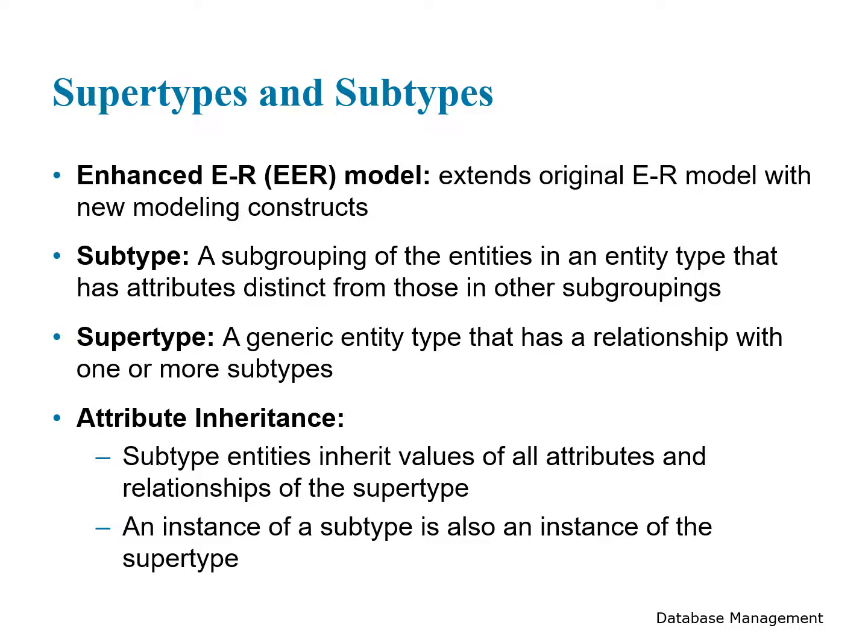Subtype: a subgrouping of the entities in an entity type that has attributes distinct from those in other subgroupings. Supertype: a generic entity type that has a relationship with one or more subtypes.